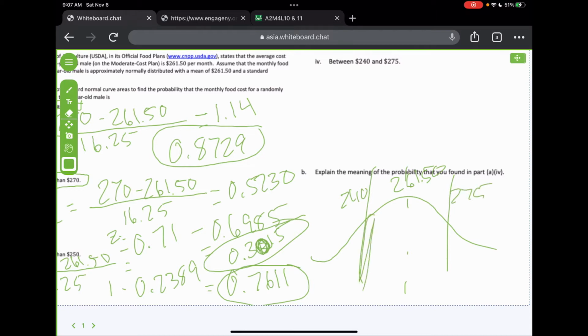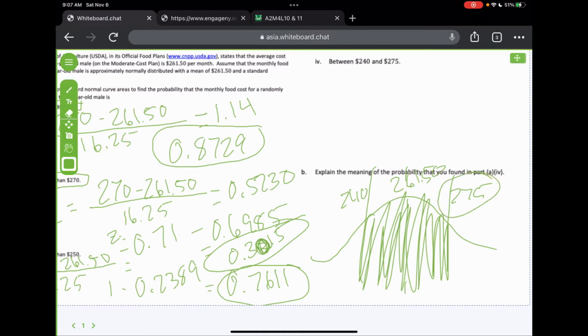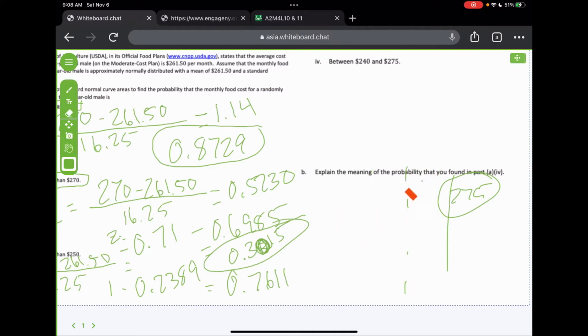We're just looking in between here. Okay. So we're going to take the 275 one, and then we're going to subtract the 240 from it, because that's our probabilities to the left of the z-score. Okay. So let's do that right quick, which means we have to find both of these values.